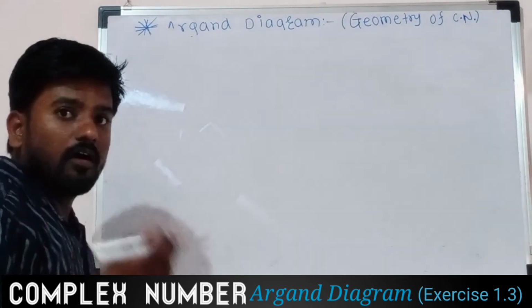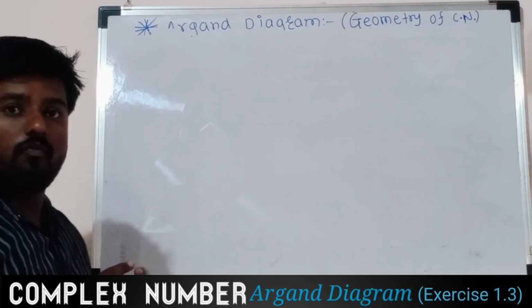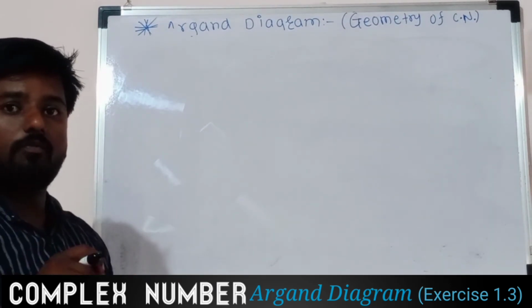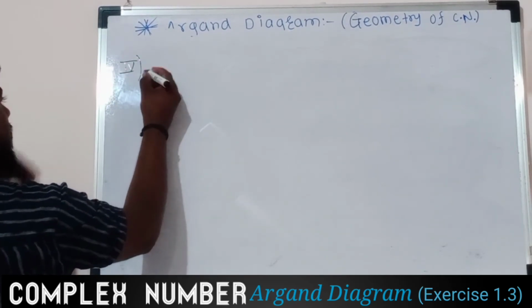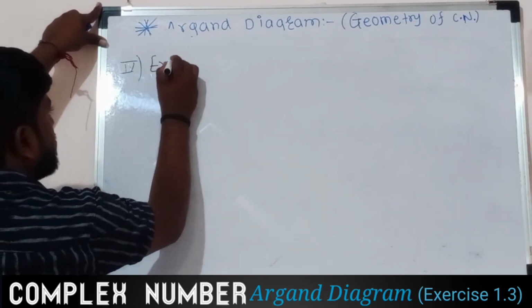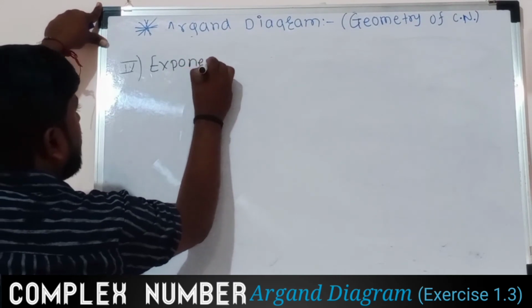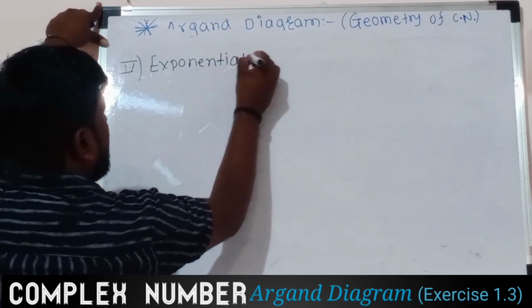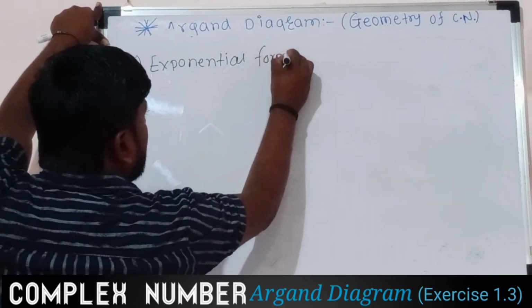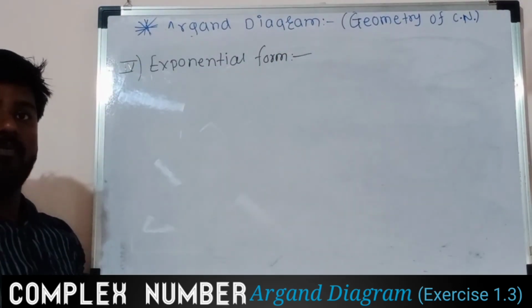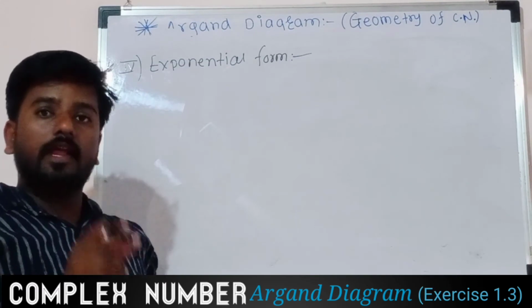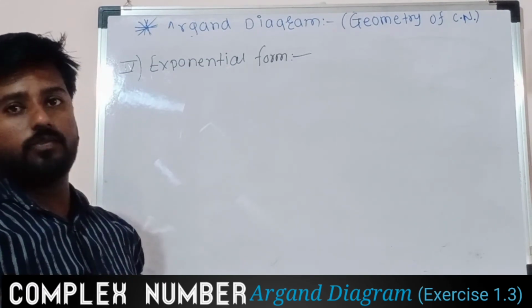So we will go towards the next important point, that is the fourth point, the exponential form. We have to convert any complex number to exponential form.